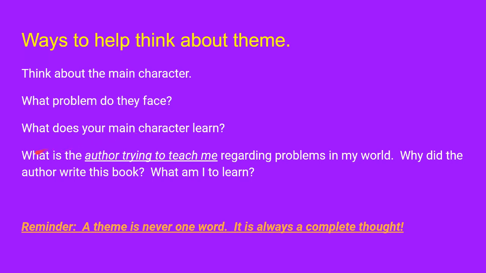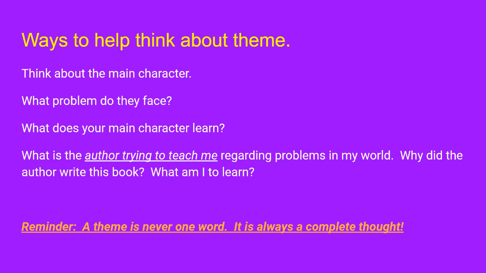So whenever I get confused, these are the things I ask myself. What is the author trying to teach me regarding problems in my world? Why did the author write this book? What am I to learn? So even though it is a fictional book, we are still supposed to be learning things from it.